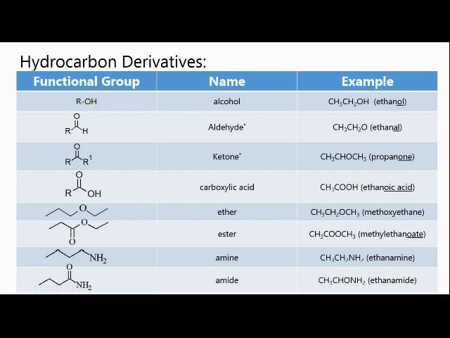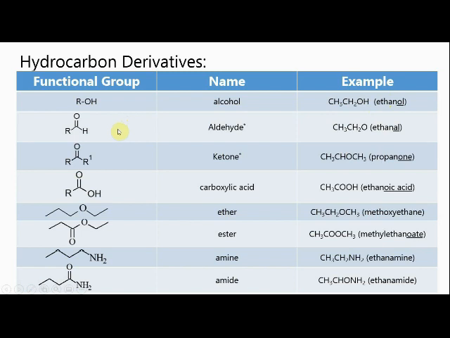The carbon chain is abbreviated because it can be any number of carbons in length, but as a generalization, we use the letter R. So the R represents some carbon chain, an alkene, or whatever. When there's a hydroxyl group attached on there, it becomes an alcohol. An example of that would be ethanol, CH3CH2OH.